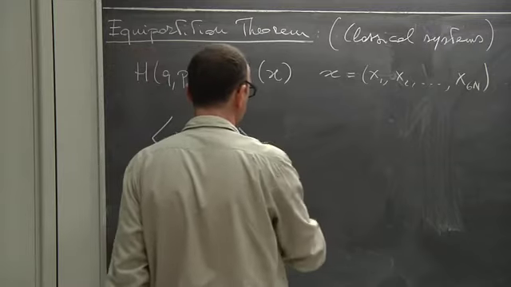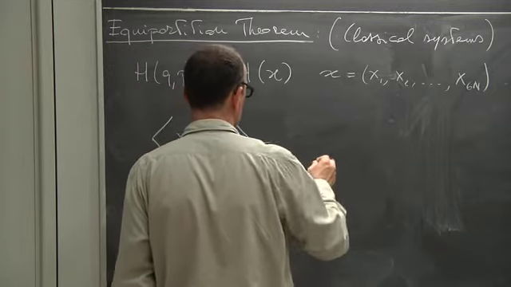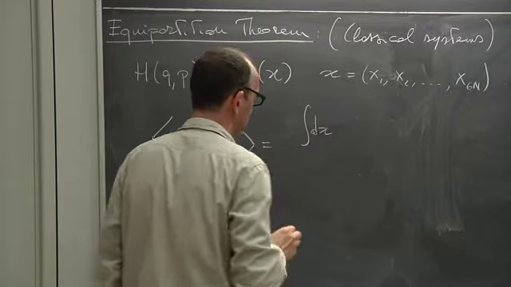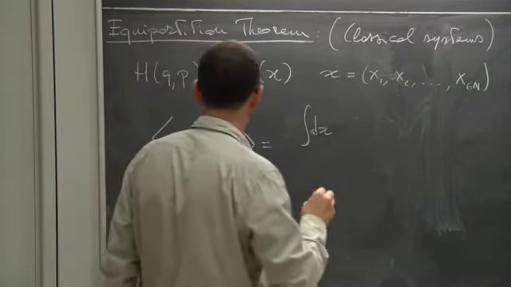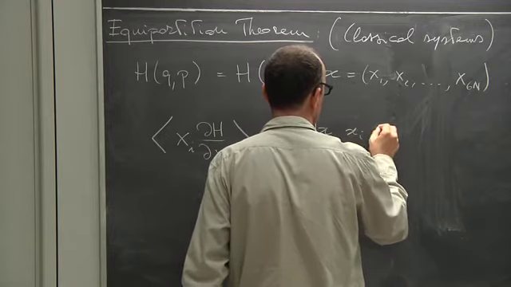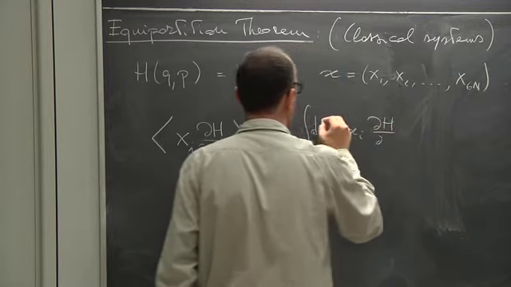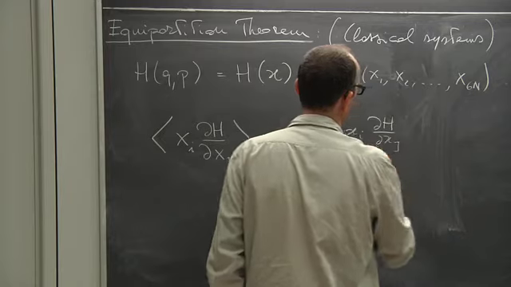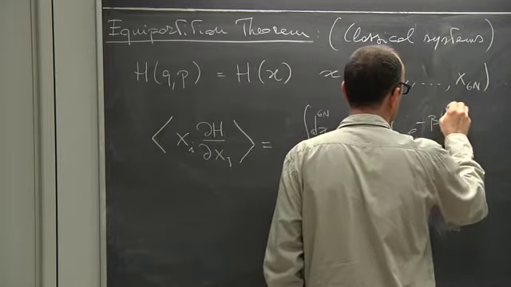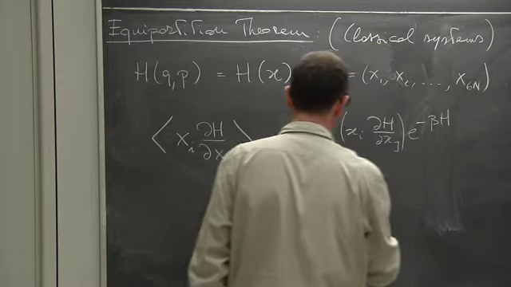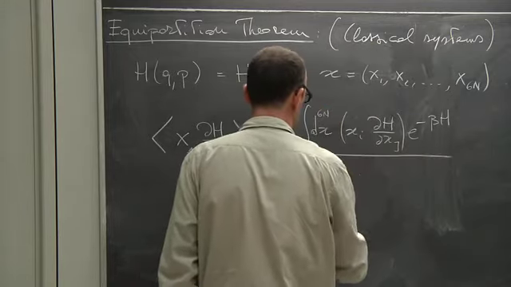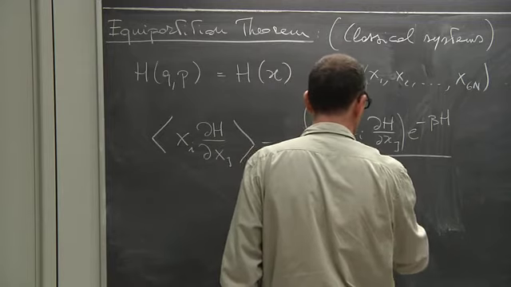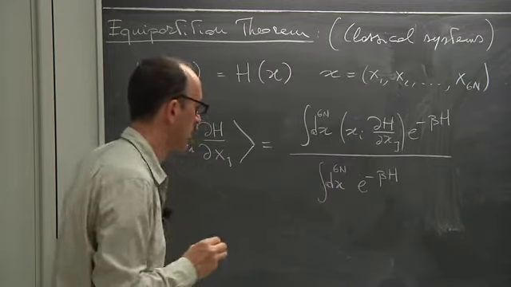It means essentially that what I want to do is the integral over all the x values, all the coordinates, of xi times dH/dxj, times e to the minus beta H, divided by the integral d6n x of e to the minus beta H of x.